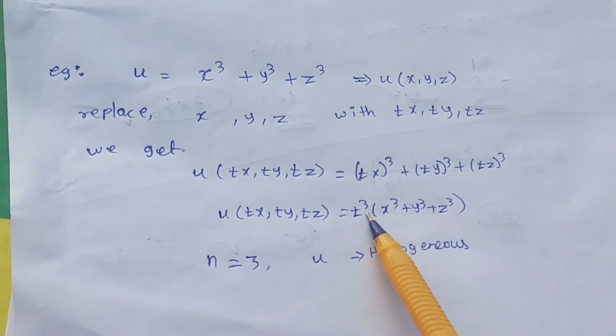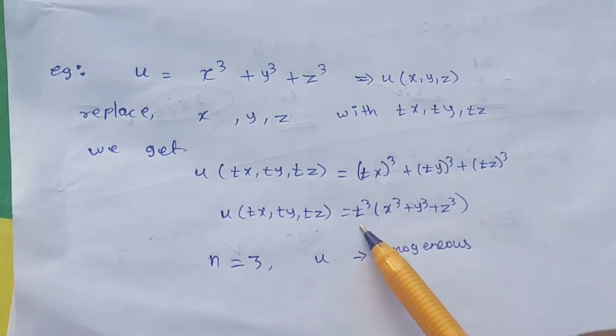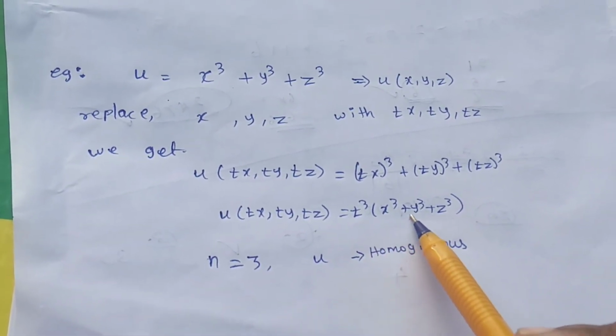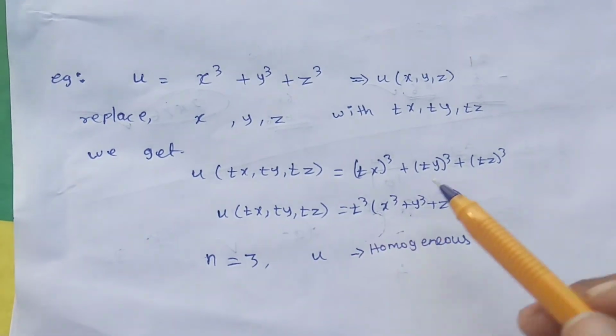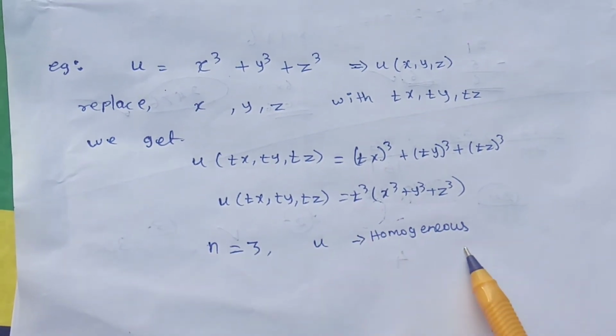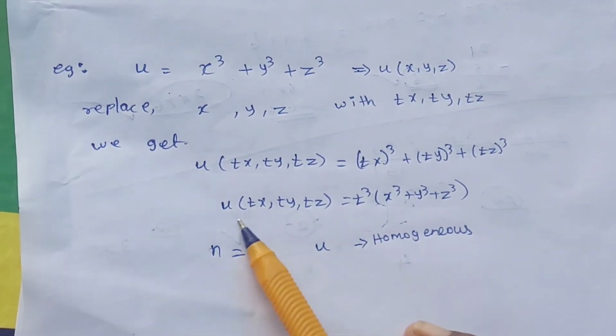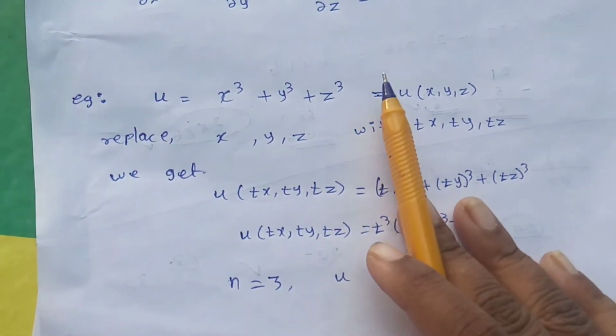This x cube plus y cube plus z cube is nothing but u. This can be written as t cube into u. See, then this function is a homogeneous function having order n equal to 3.